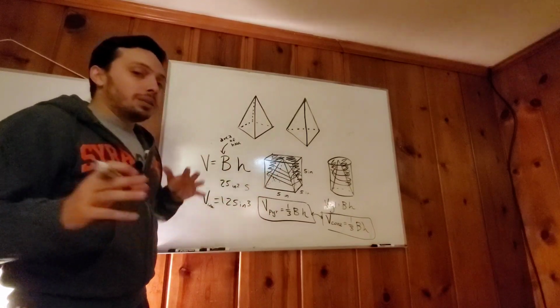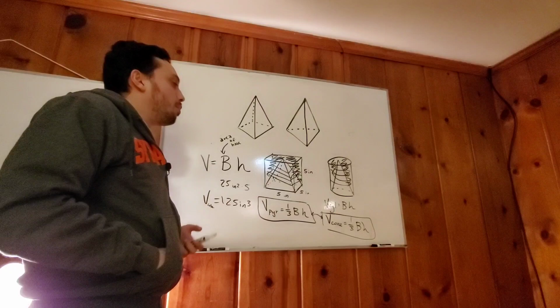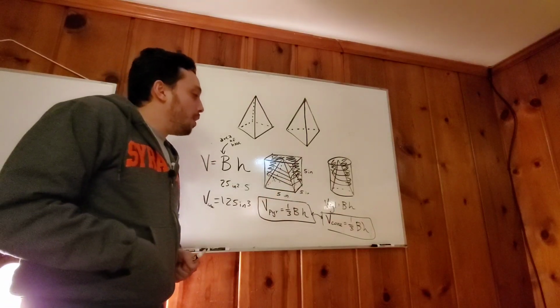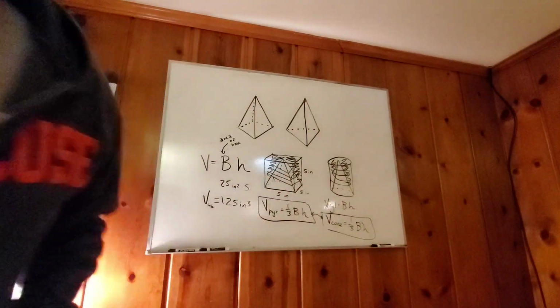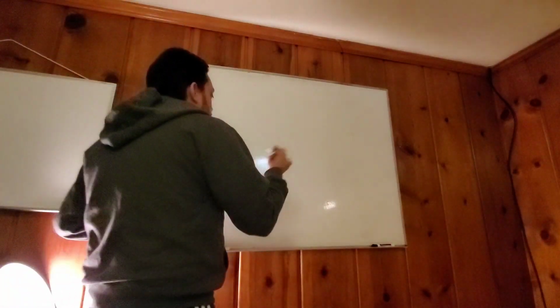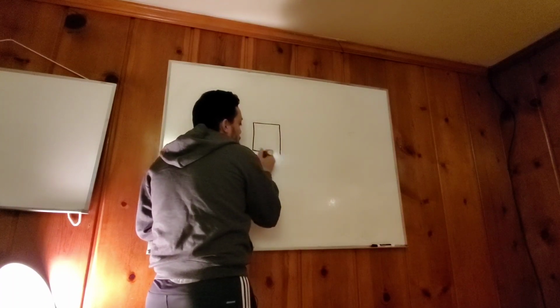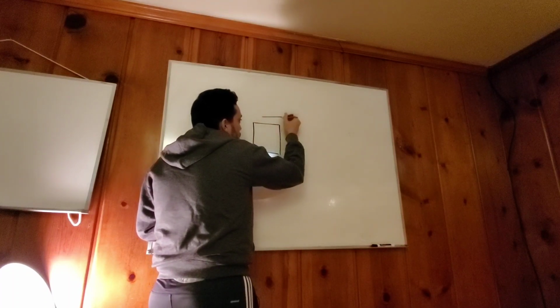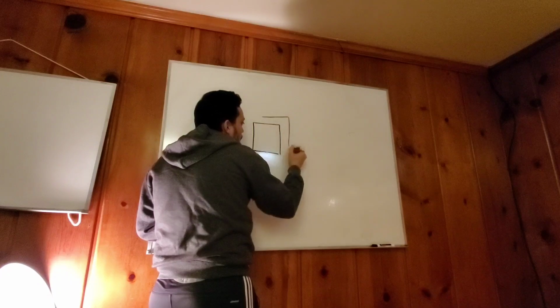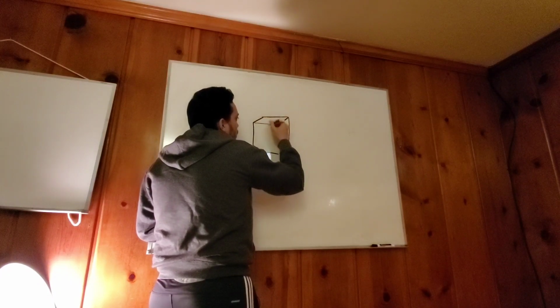Now that we talked about this, let's actually get into examples. And now I don't have to stop to talk about how you find the area of the cone. All right, so in example one, and I promise you, I didn't even know that in example one, we're going to use a cube and a pyramid.